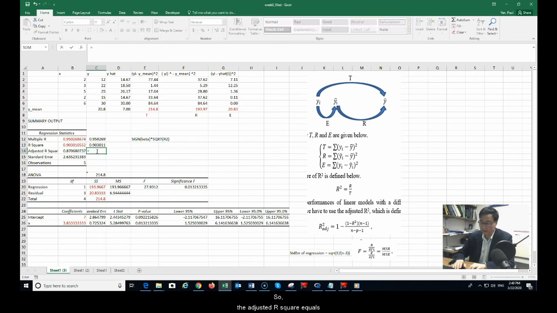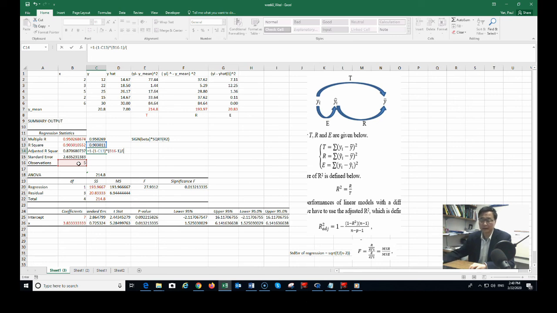So adjusted R square equals 1 minus R square times n minus 1. So actually we know n is 5. So actually it's 5 minus 1. Divided by n minus p minus 1.